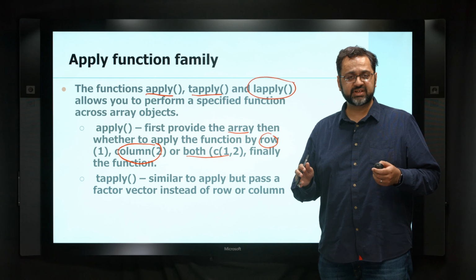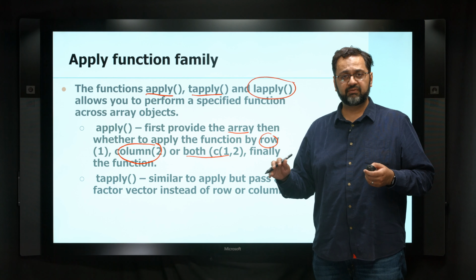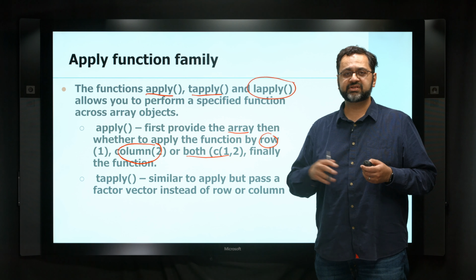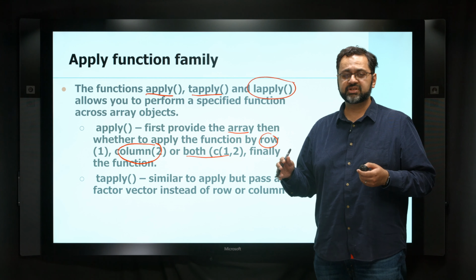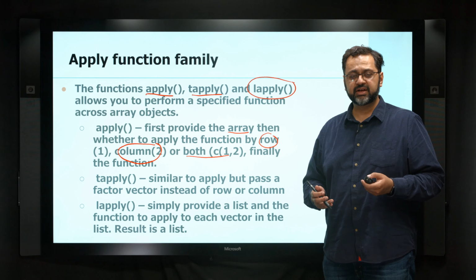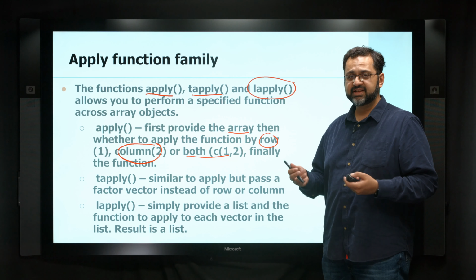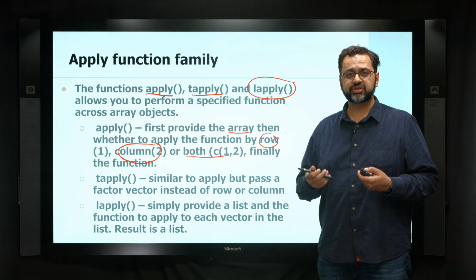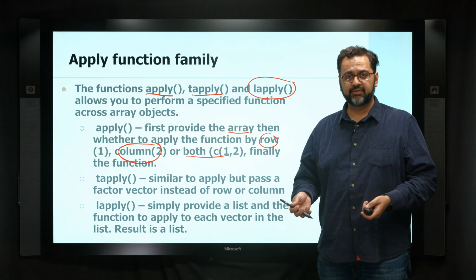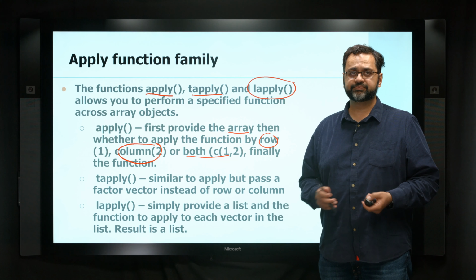So the input in this case is usually a vector of values, and the second argument is actually how you group them. The lapply is the same idea, but because it's a list, it just performs the function on every member of the list.